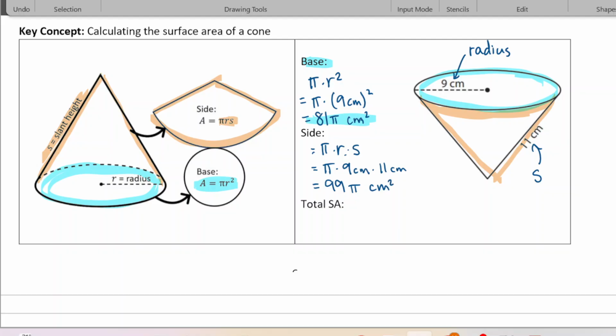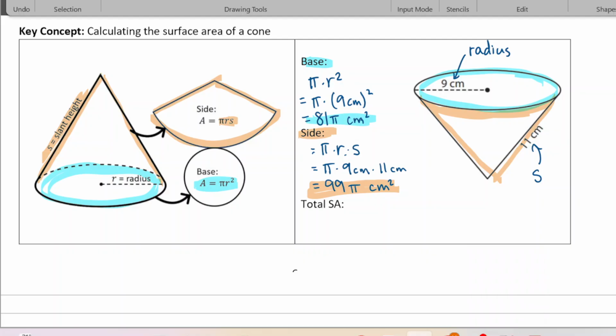There we go. So 9 times 11 is 99. So that's why I've written 99 pi. I haven't typed the pi button yet, so I've just left that off to start with. So now I have 81 pi centimeters squared plus 99 pi centimeters squared.